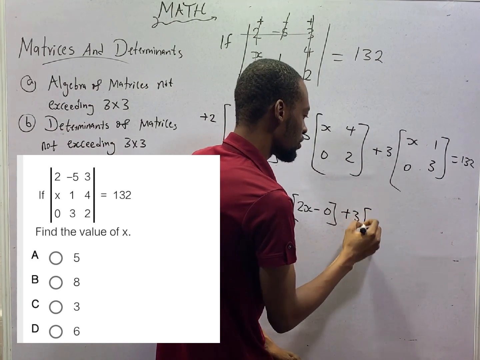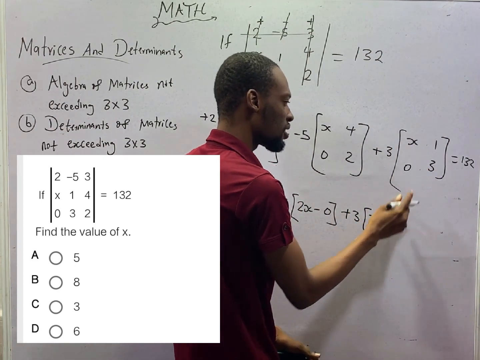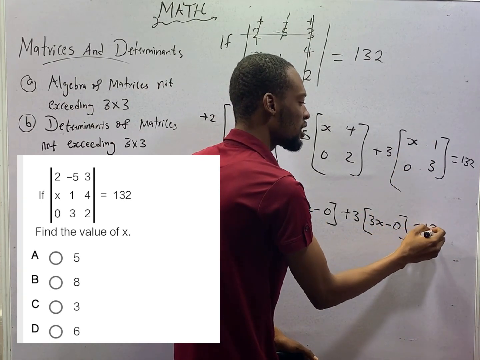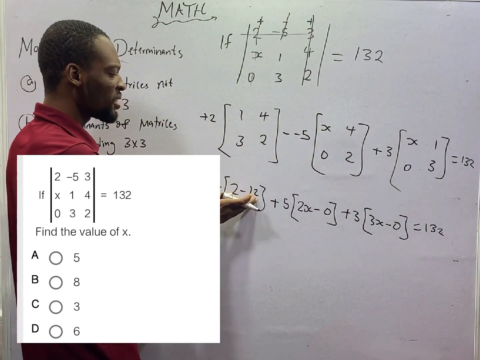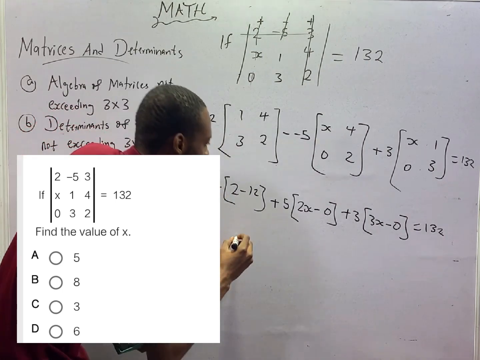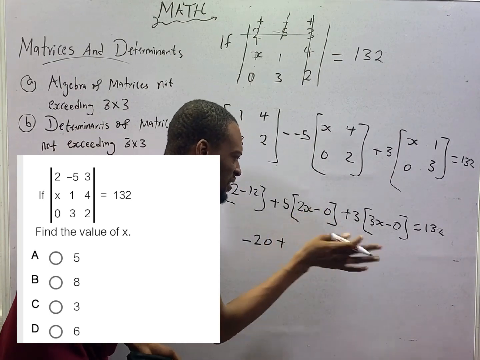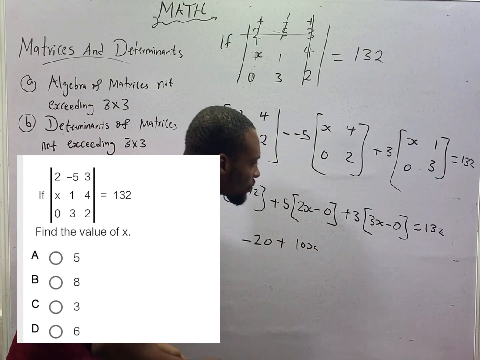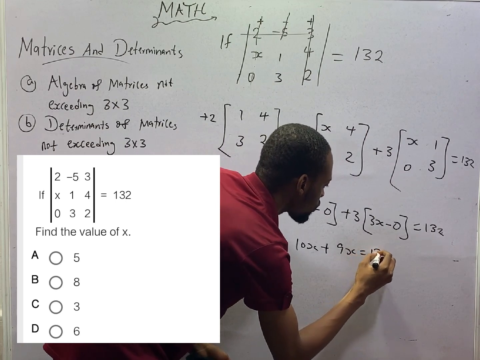Plus 3. 3 times S is 3S minus 0 times 1, 0. This is 132. 2 minus 12, that is minus 10, times 2 is minus 20, plus 2S minus 0. Yes, already 2S times 5, 10S, plus 9S is equal to 132.